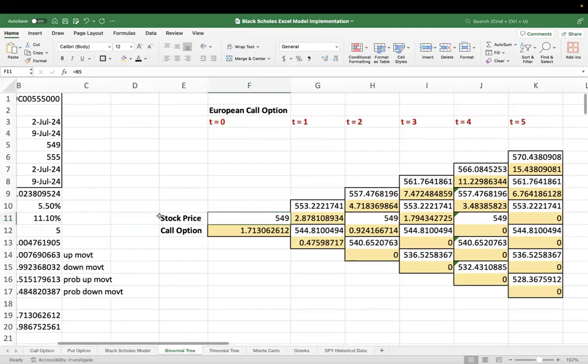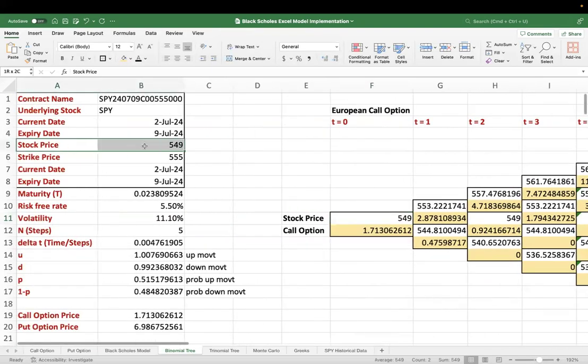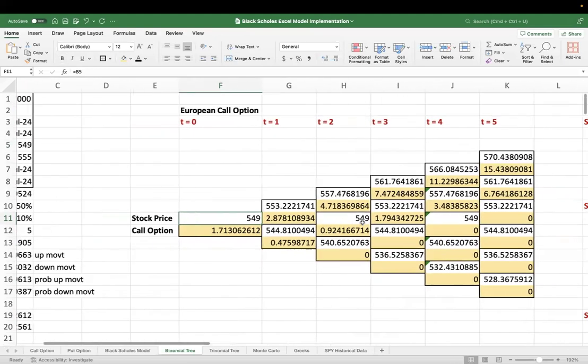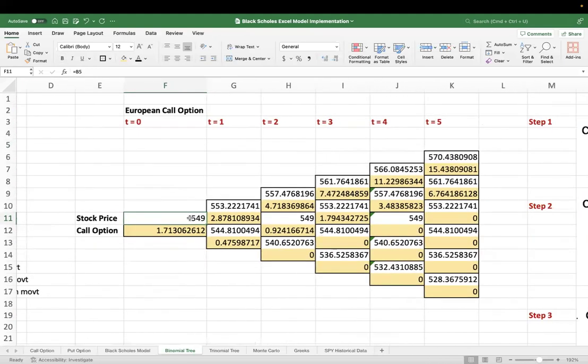We know that at present the price of the stock is 549. So this is S naught. We'll do S naught times u and S naught times d, correct? Correct or not? This is to arrive at the up movement price and the down movement price.